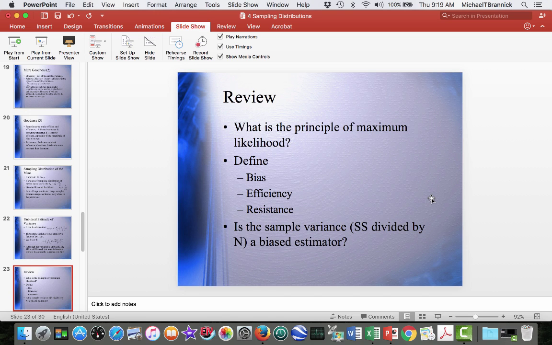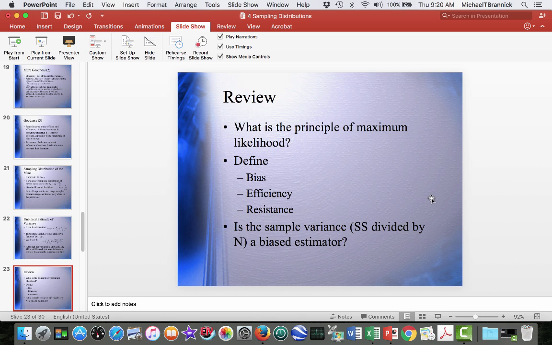So we're going to have some function that relates the sample data to some underlying parameter that we don't know. And maximum likelihood says pick the value of theta, pick the value of that underlying parameter that maximizes the likelihood of the observed data.